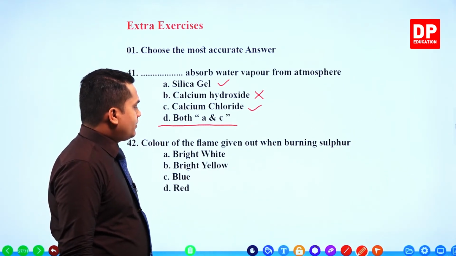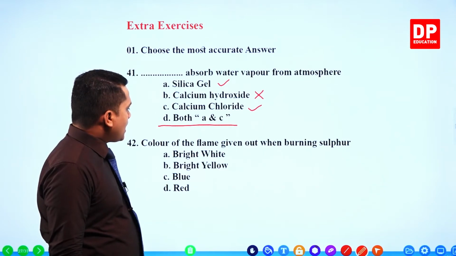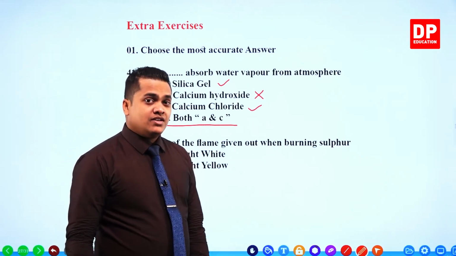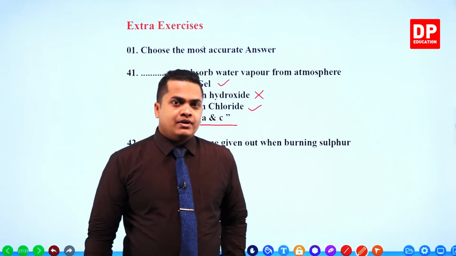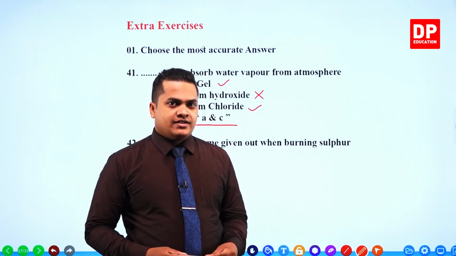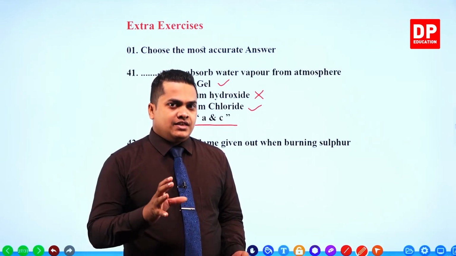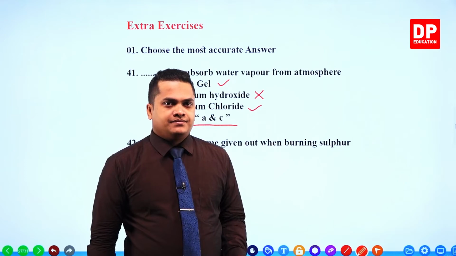Color of the flame given out when burning sulfur. We burned a piece of sulfur at the lab, and you could observe that the flame of the sulfur is blue in color.